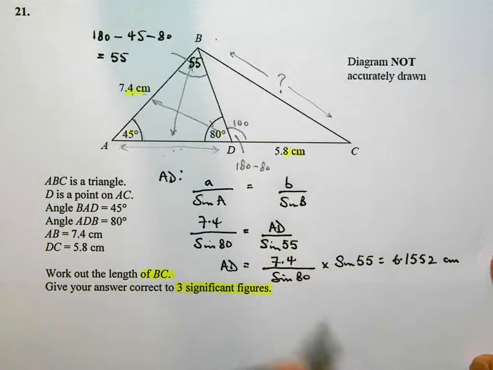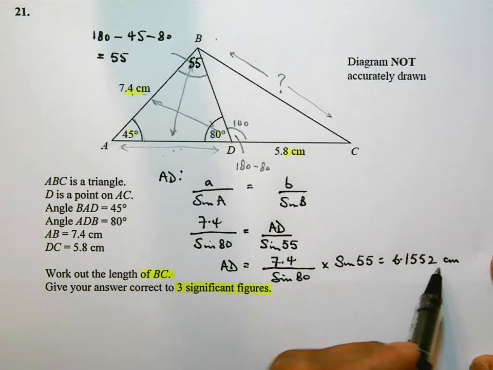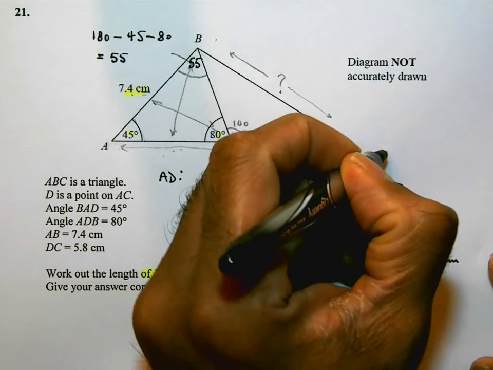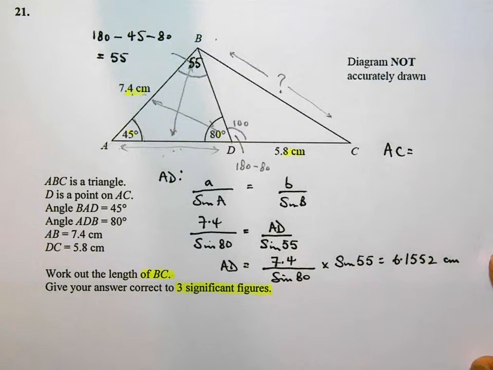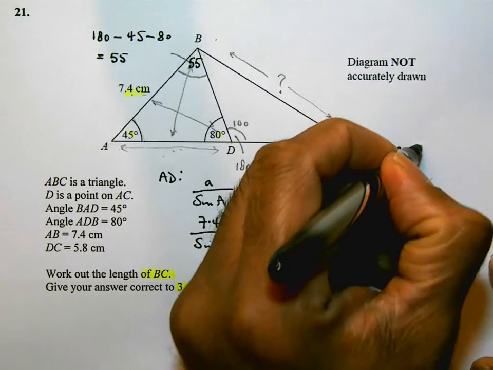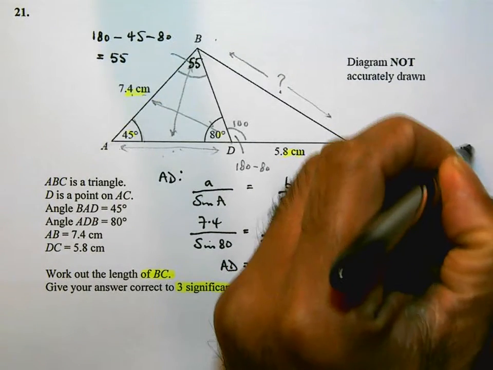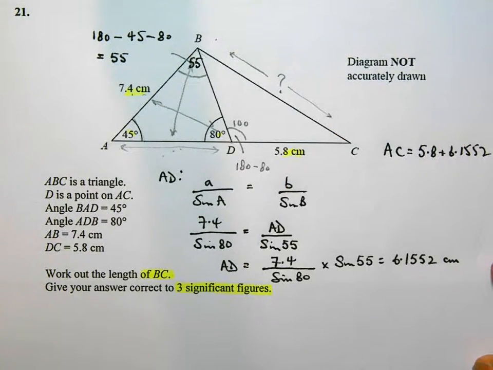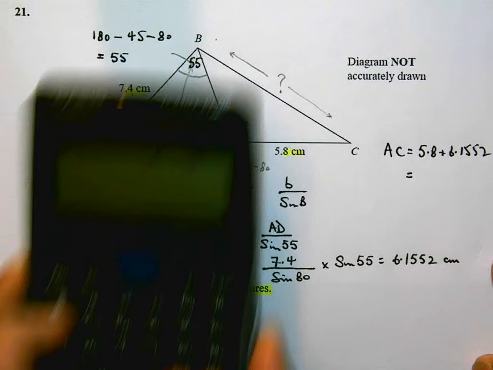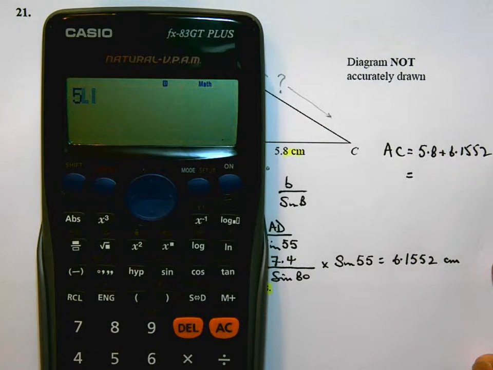Okay, so if I know the length of AD, that means that the length of AC, A to C, is going to be 6.1552 plus 5.8. So AC is going to be those two added together, 5.8 plus 6.1552.